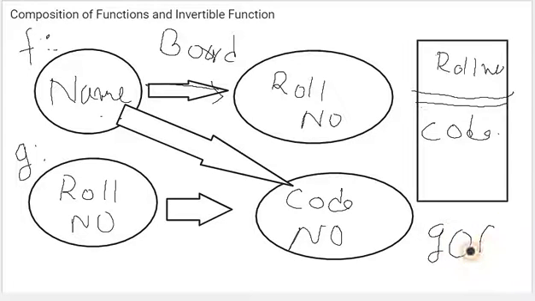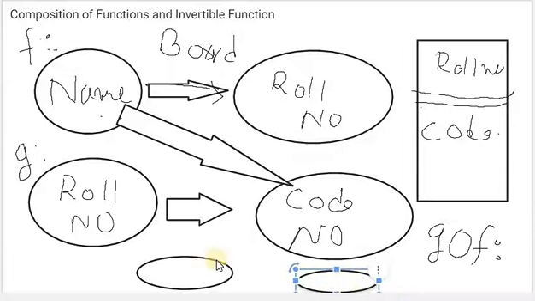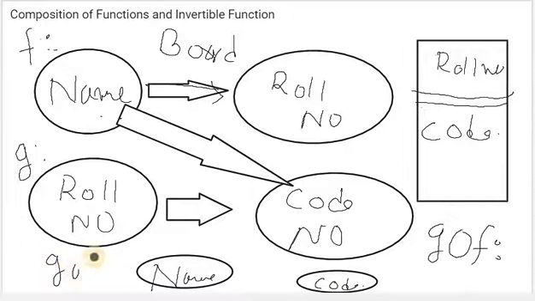G of F. So G of F will be a function from what to what? G of F is a function from name to code number.